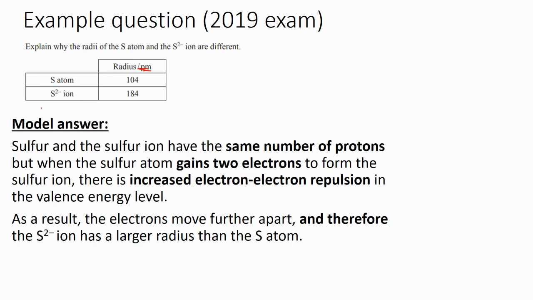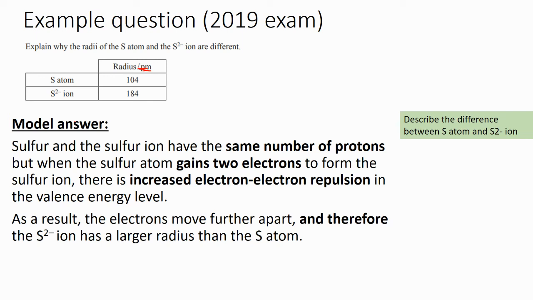So in the mark scheme answer, it says that the sulfur atom and the sulfide ion have the same number of protons, but when the sulfur atom gains 2 electrons to form the sulfide ion, there is increased electron-electron repulsion in the valence energy shell. As a result, the electrons move further apart, and therefore the sulfide ion has a larger radius than the sulfur atom.